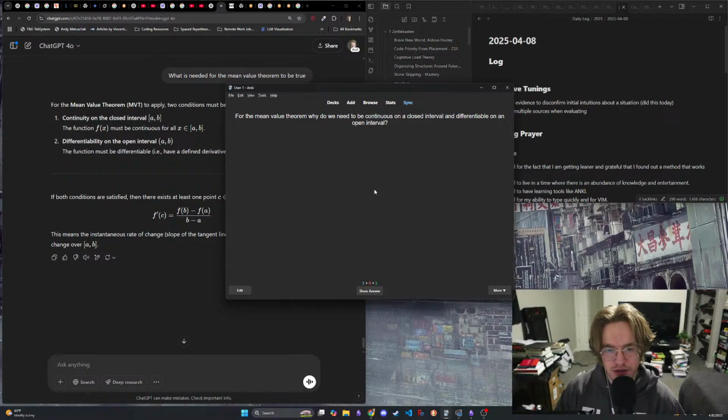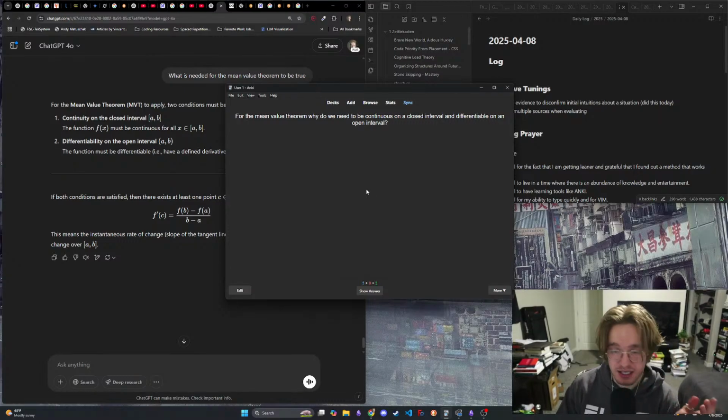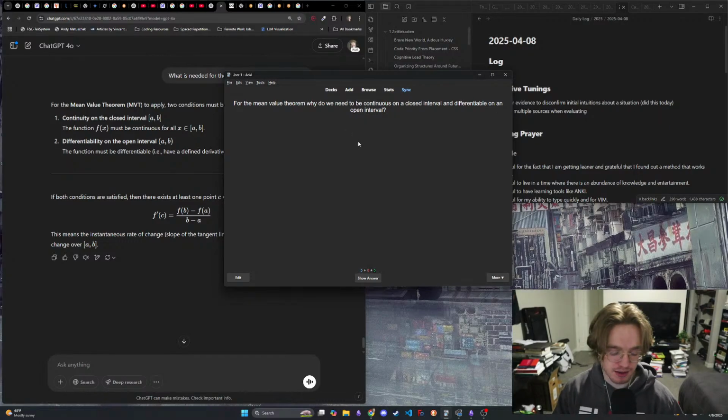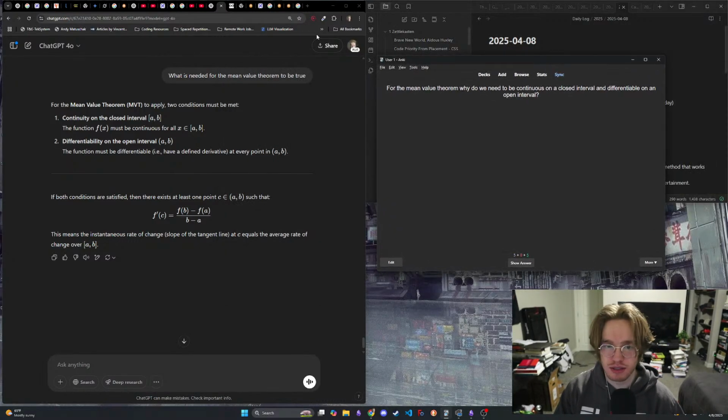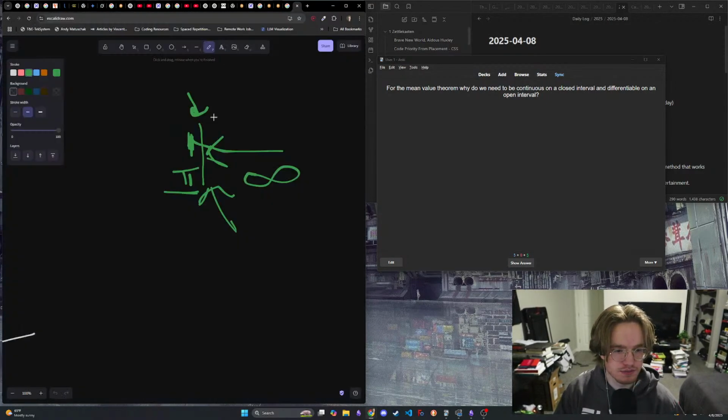Okay, mean value theorem. It needs to be continuous on a closed interval and differentiable on an open interval because if we're going to get the slope of the tangent line at a given point between the two points, then it has to be differentiable. And then continuous: if it's non-continuous, then it could explode, meaning the tangent line could not be... let me describe in Excalidraw.